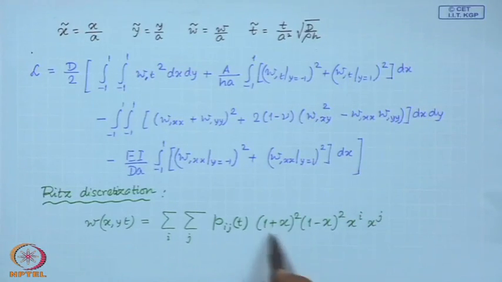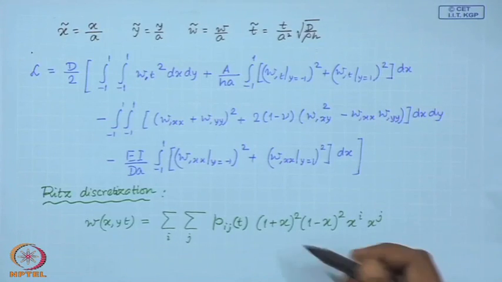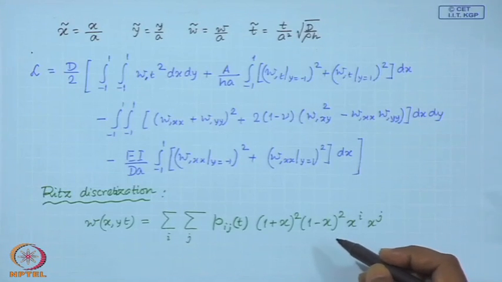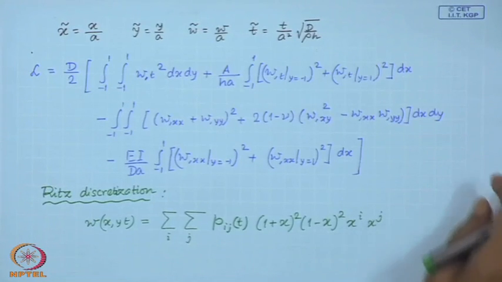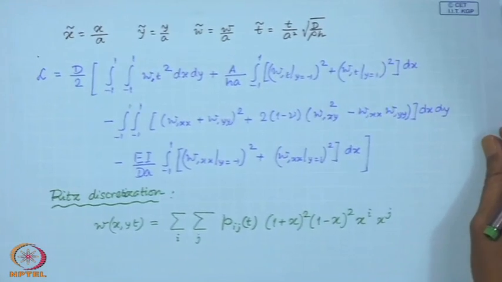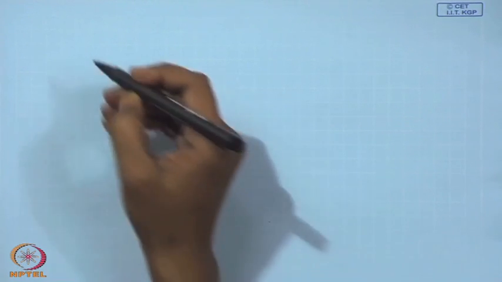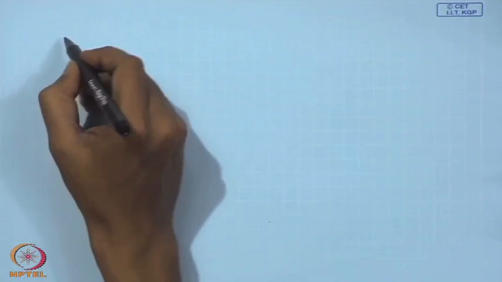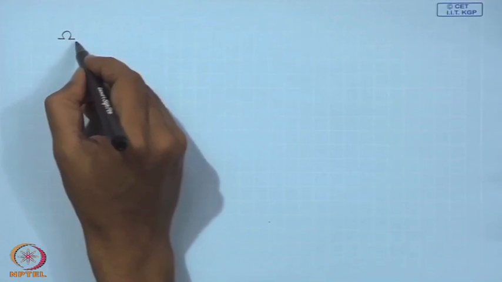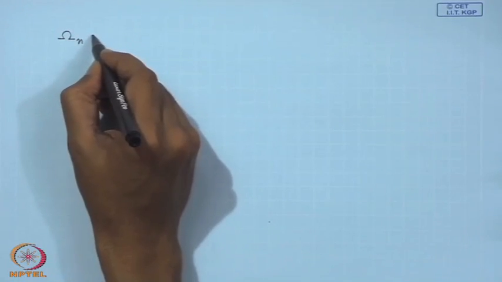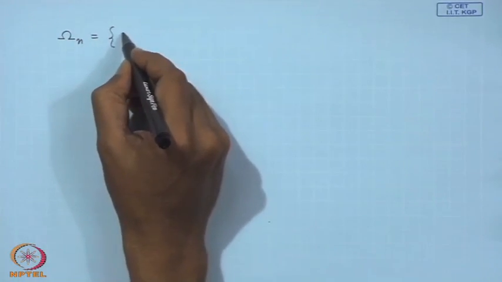You can see that it starts with a quadratic in x at both boundaries, so that the displacement is 0 at x equal to minus 1 and plus 1, as well as the slopes are 0 at x equal to minus 1 and plus 1. If you use this expansion in the Lagrangian, discretize and finally solve for the eigen frequencies, they are obtained as non-dimensional numbers.